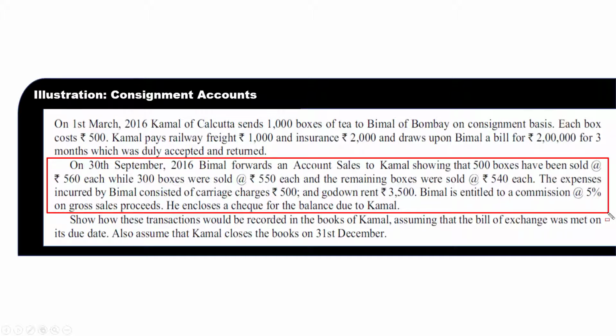The expenses incurred by Bimal consisted of carriage charges of 500 rupees each and godown rent of 3500 rupees. Bimal is entitled to a commission at 5% on gross sales proceeds. Okay, we will discuss that later; we should record this account transaction first.